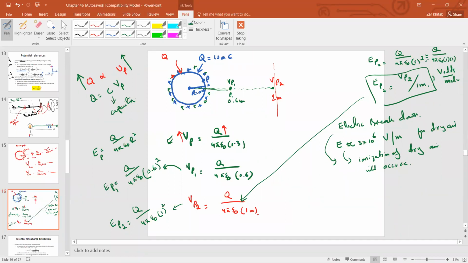See, we took this as 1 meter, and we said as you raise the charge, VP will raise. And we also know that when VP is raised, electric field will raise. If you raise the charge on this structure, voltage will raise and electric field will raise. If the electric field reaches this value, ionization will occur.